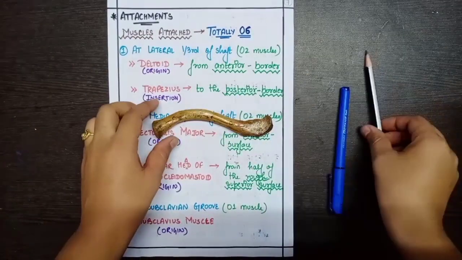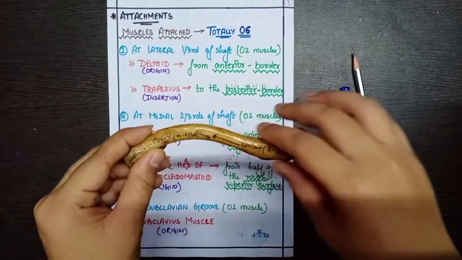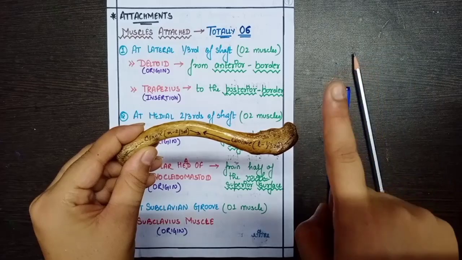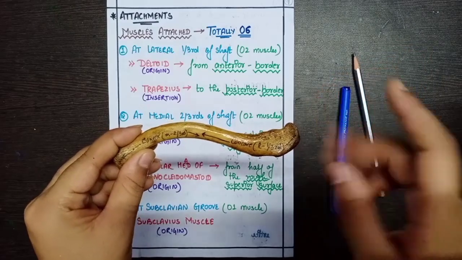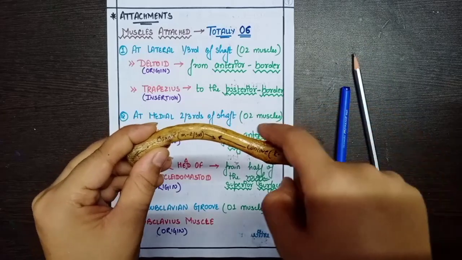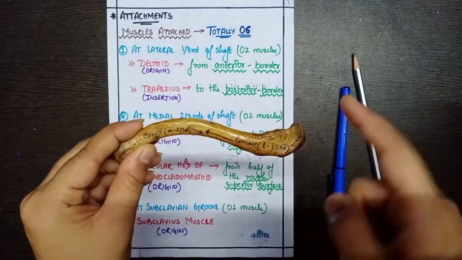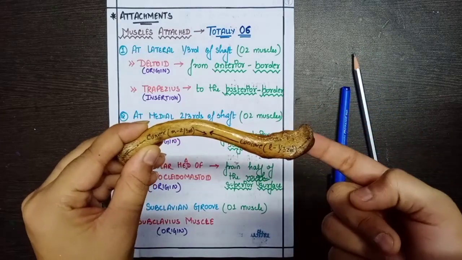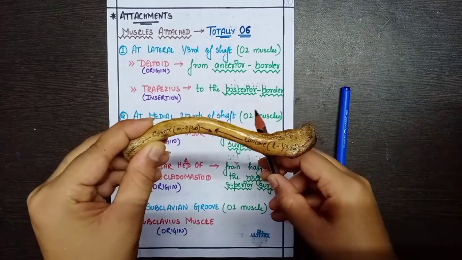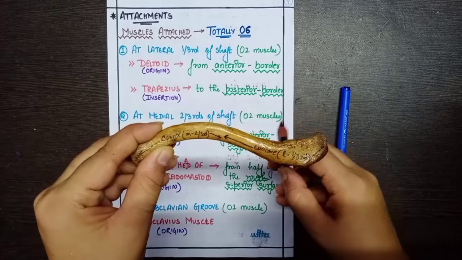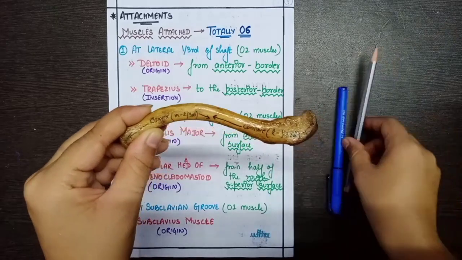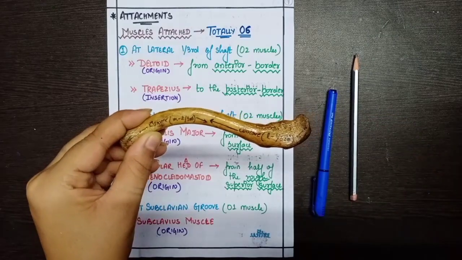Now one by one we'll go through the muscle attachments. In the lateral shaft, there are 2 muscles attached, as I told you. One is your deltoid and another one is your trapezius muscle. Now, we have 2 borders, anterior border and posterior border, then the superior surface and the inferior surface. From the anterior border, the deltoid muscle originates, that means it would be red colored in your diagram.